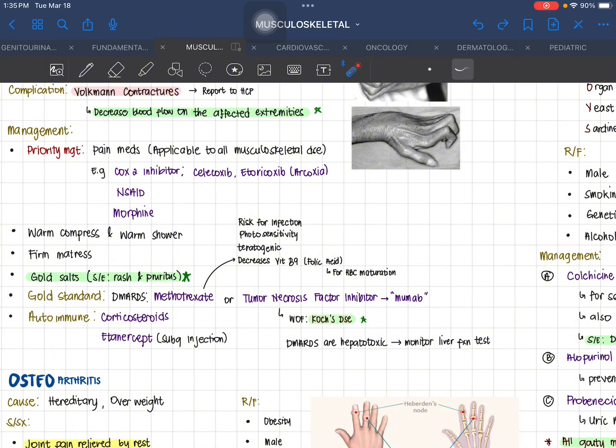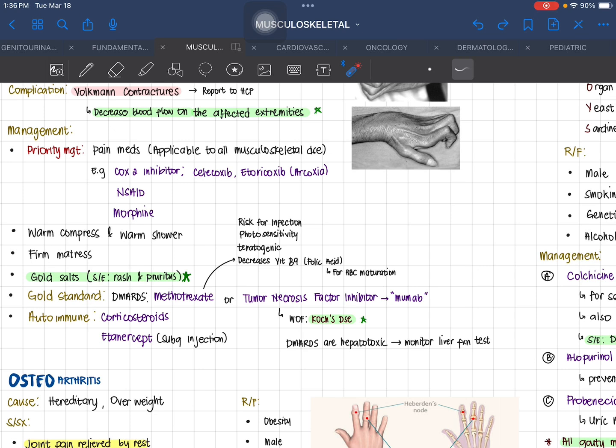So, again, yung methotrexate, immunosuppressant siya. So, at risk ka for infection, photosensitivity din to, and then teratogenic, so contraindicated sa buntis, and it decreases your vitamin B9 o folic acid, which helps for your RBC maturation. Another DMARDs na ginagamit for rheumatoid arthritis is TNF or tumor necrosis factor inhibitor.